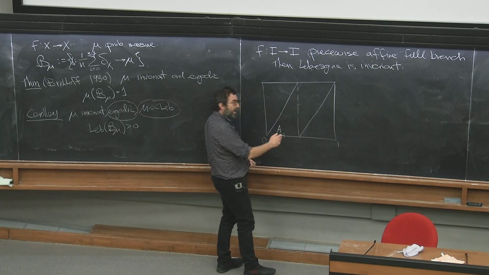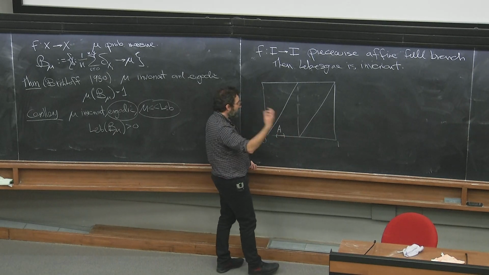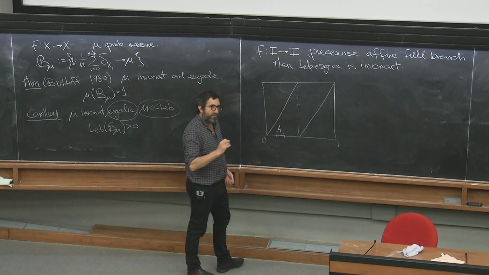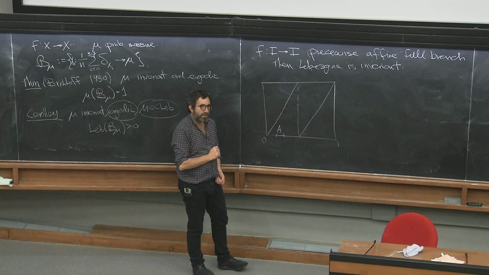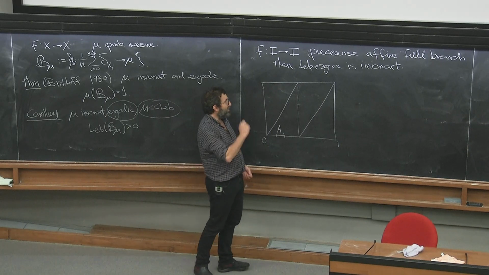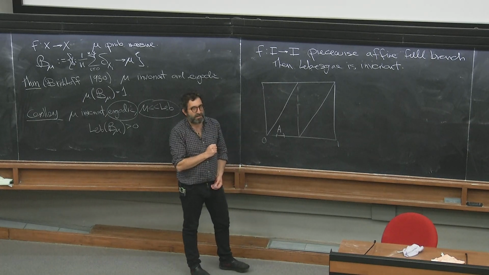So if you take any set and you measure the frequency of visits to this set, it will converge exactly to the Lebesgue measure of the set. That's one of the consequences of Lebesgue measure itself being invariant and ergodic.